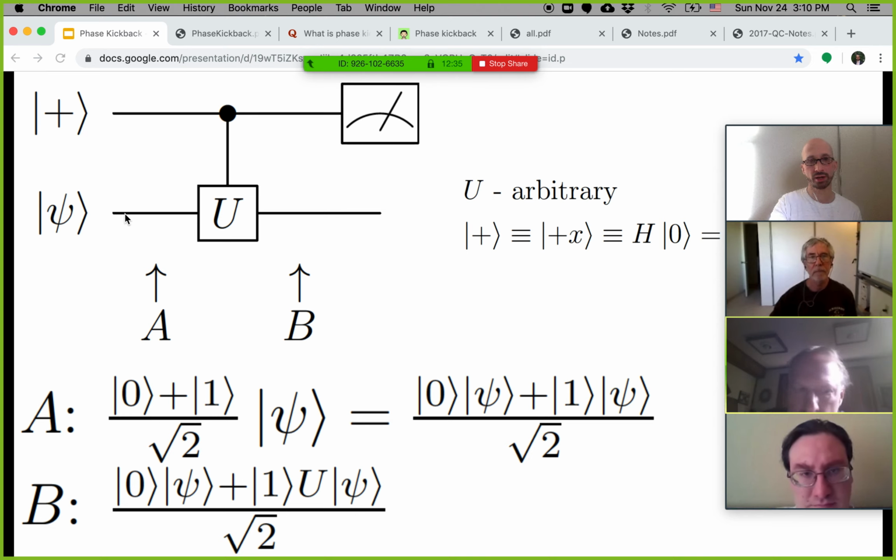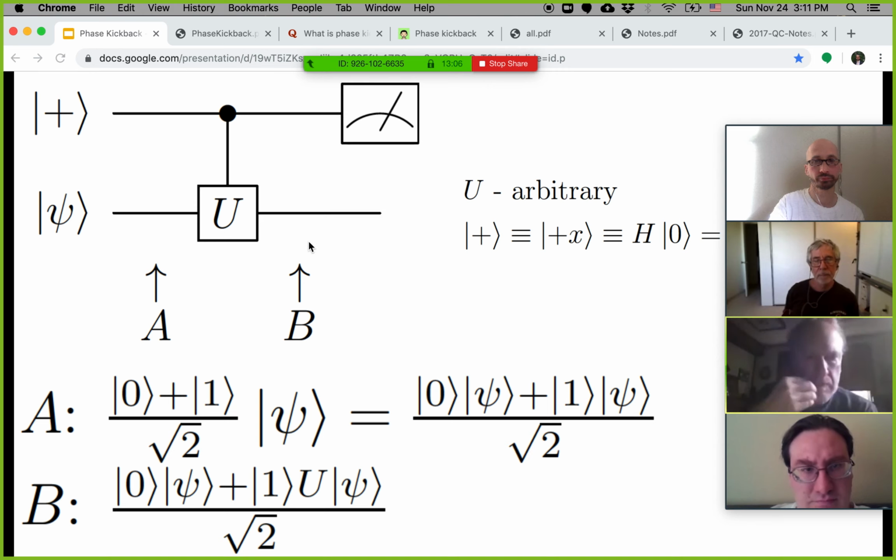On this diagram or circuit, that depends on the algorithm. The point is it doesn't matter. Any U will do, any operator. It will work regardless of what U does.